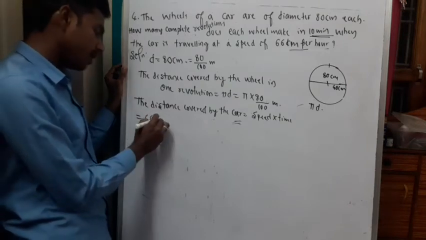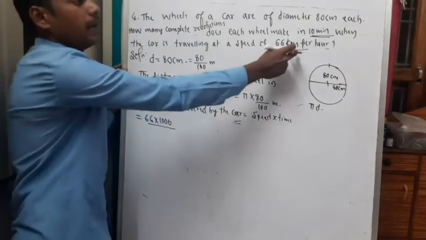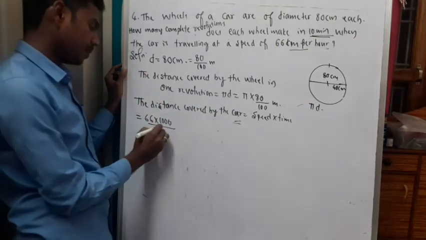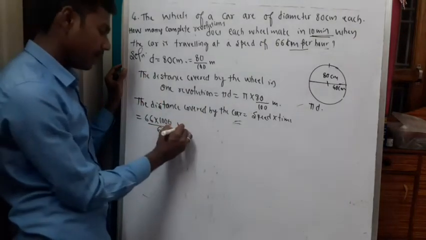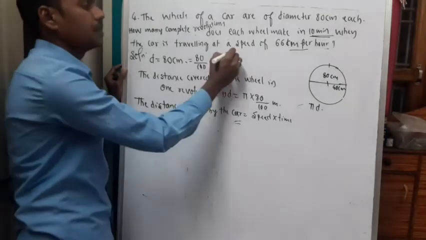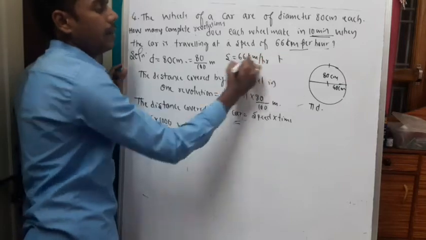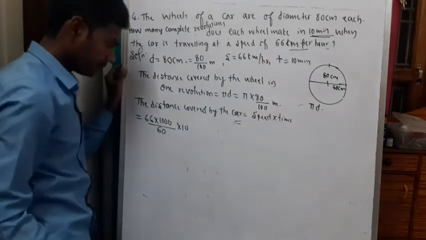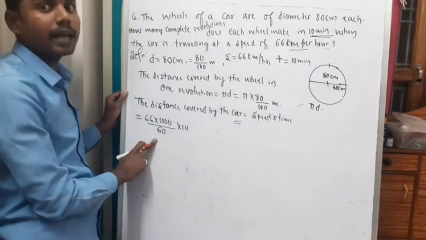I want this in meter, so I need to multiply it with 1000. Per hour is there, I want it in minute, so that is 60. So what is time? 10 minutes is the time. So this is the distance covered by the car in 10 minutes.